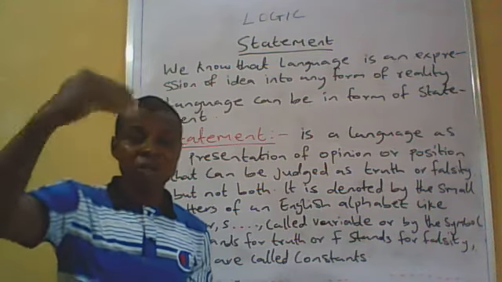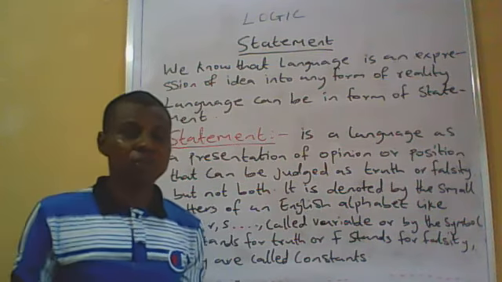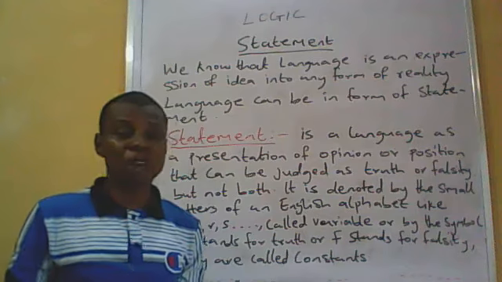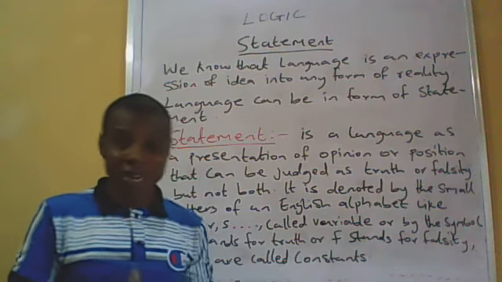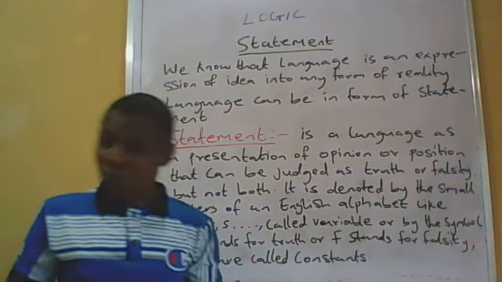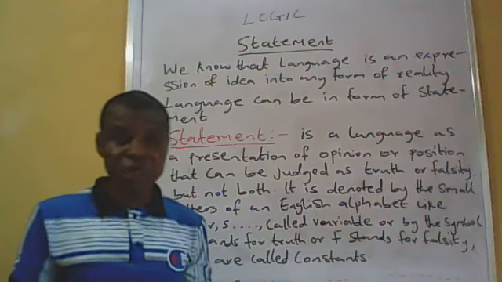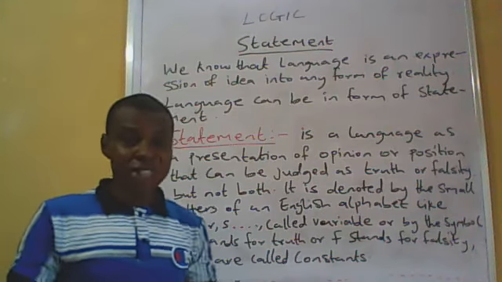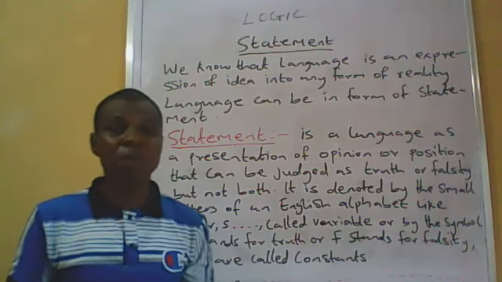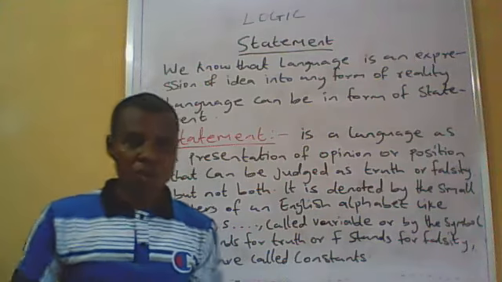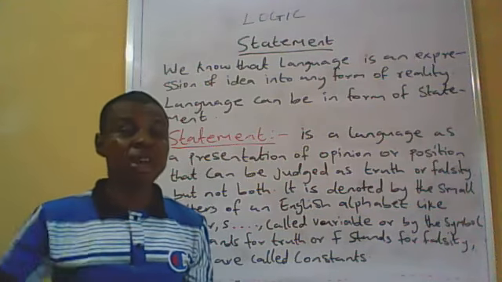They can be truth or false. So they can be assigned to any truth or falsity, either truth or false. That's why they are called variables.